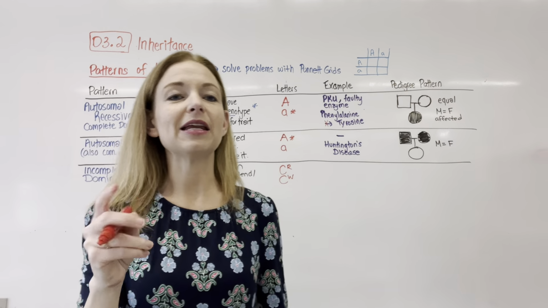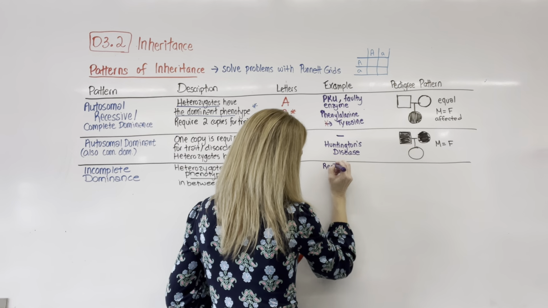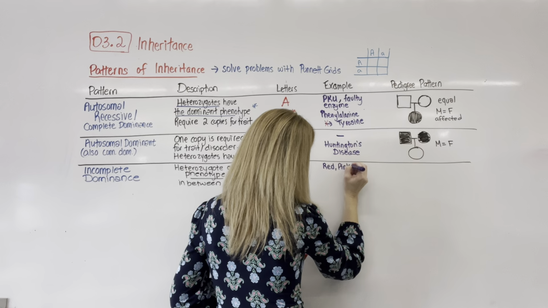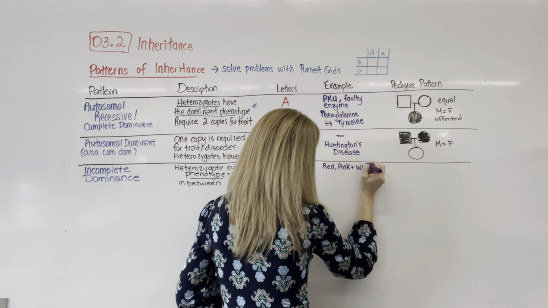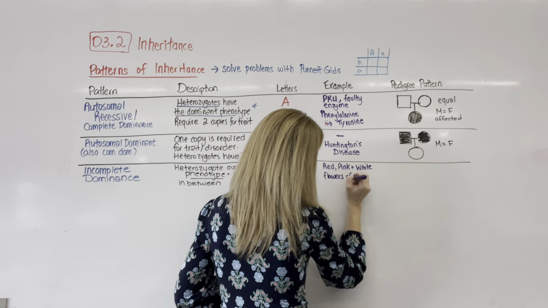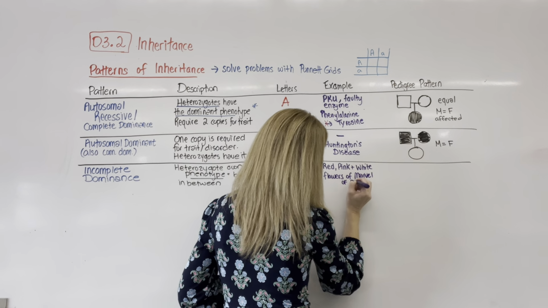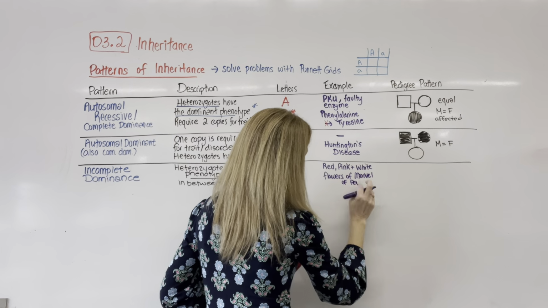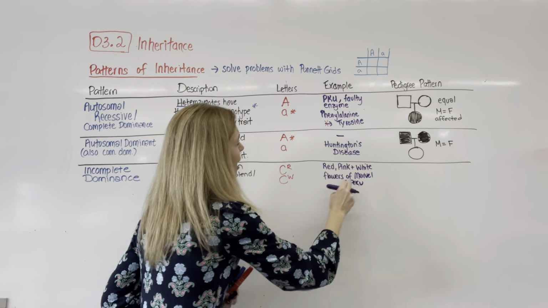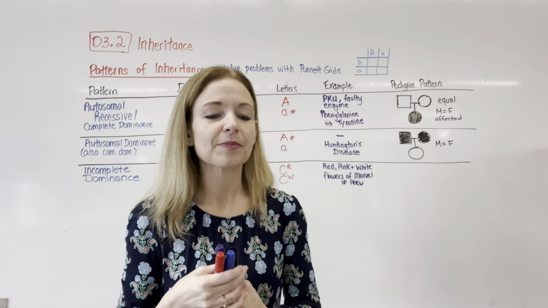You do have one that they want you to know, which is the red, pink, and white flowers of the marvel of Peru. Or sometimes it's called the 4 o'clock flower. I doubt you need to memorize the name. And I think if it stands out as pink, you should be able to remember incomplete dominance.